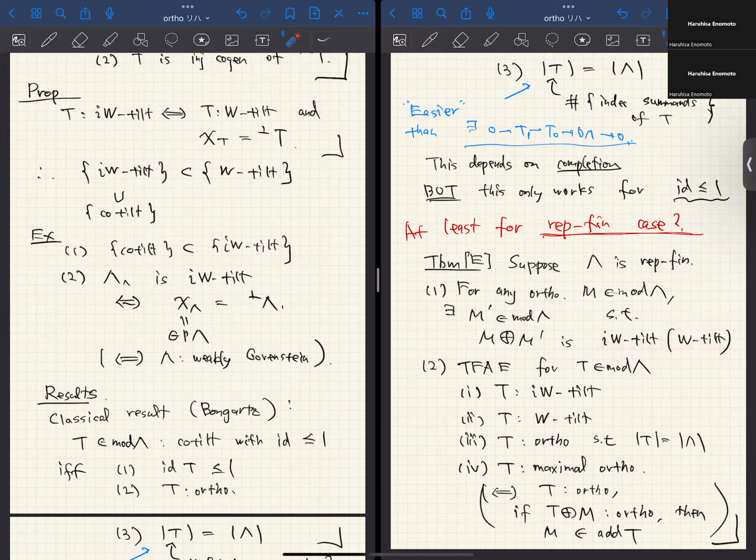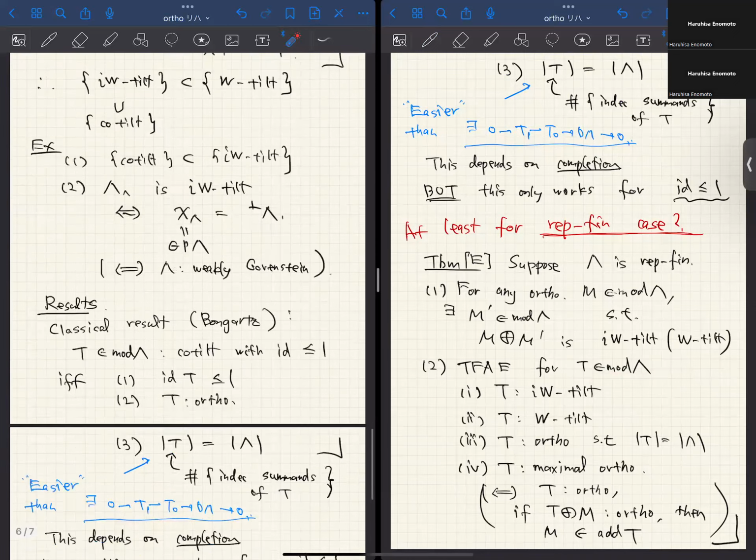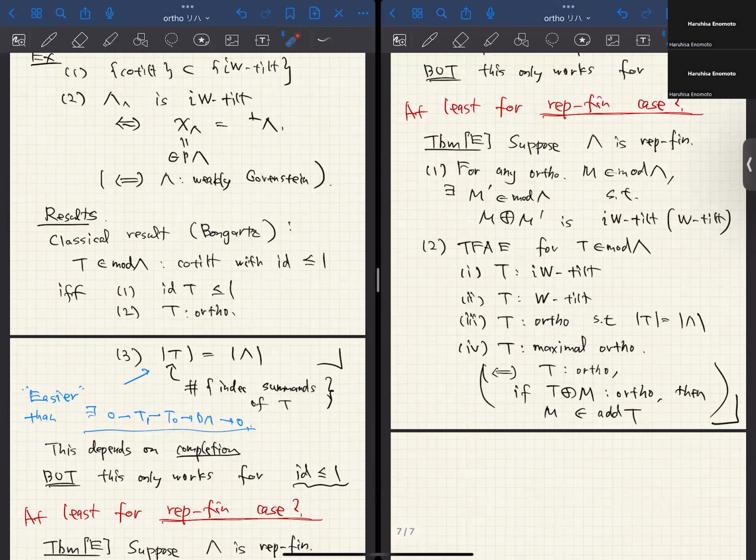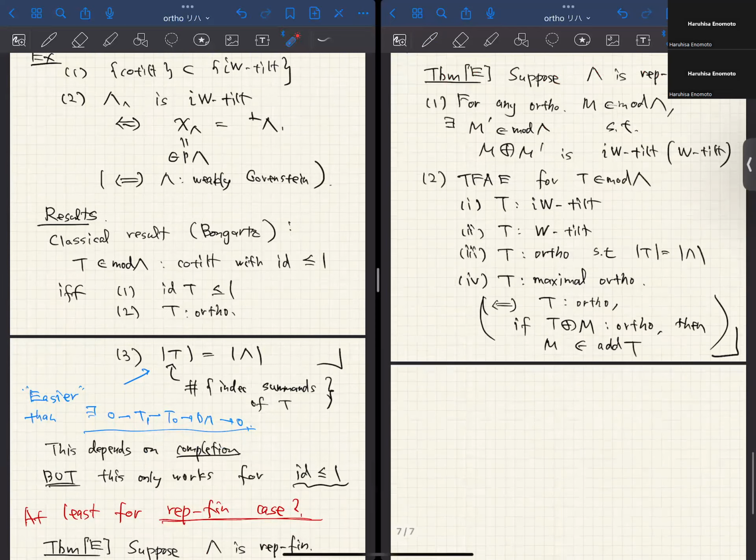And the second gives a characterization for Wakamatsu modules. And the third and fourth conditions are very convenient because we don't have to compute this kind of condition. This is very hard. So this is the main result, and I will deduce some corollaries from this main theorem.